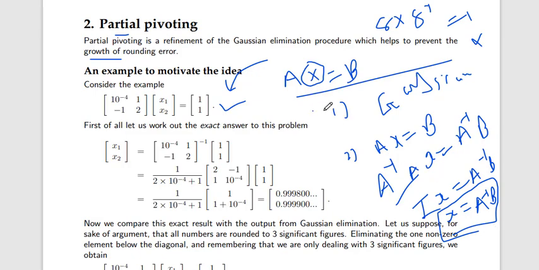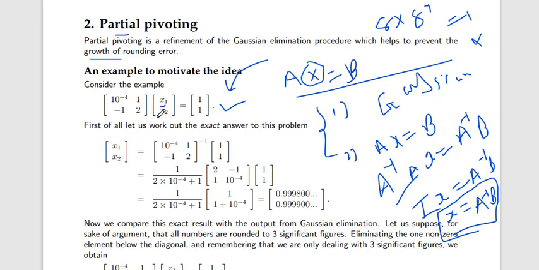First is Gaussian elimination, second is this method. We will solve this linear equation with these two methods, and let's see whether the answers are the same or different. But if you solve a linear equation by a different method, the answer will remain the same. Any method you use, you will get the same answer.